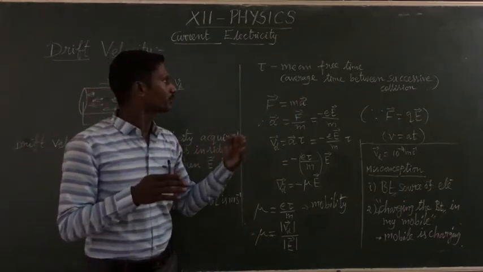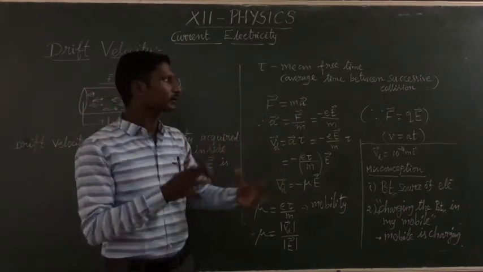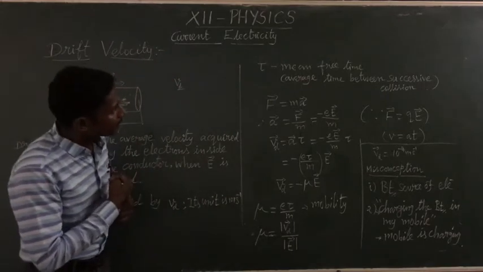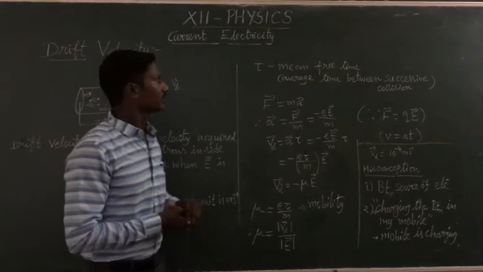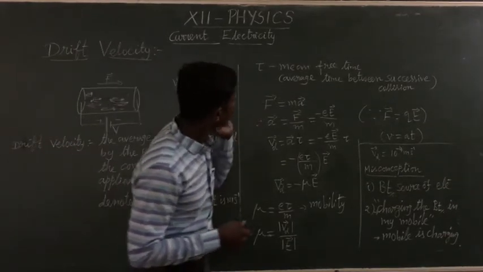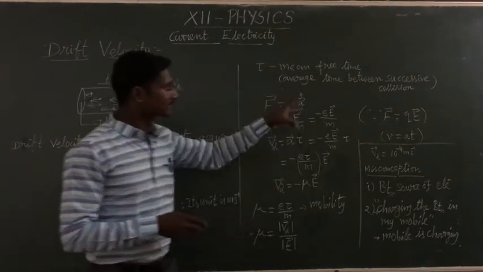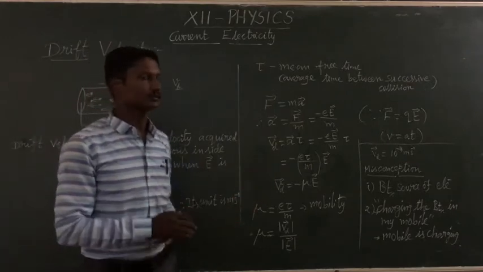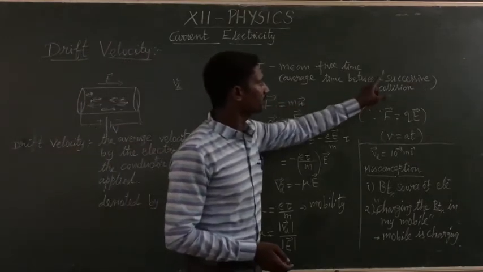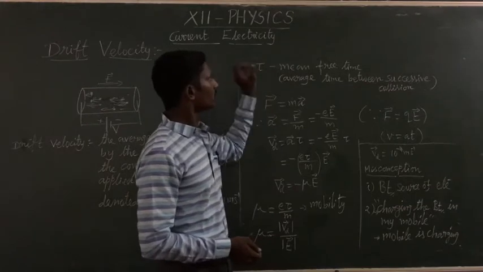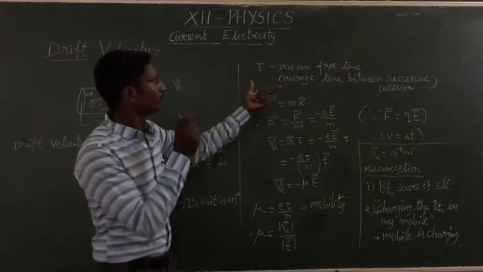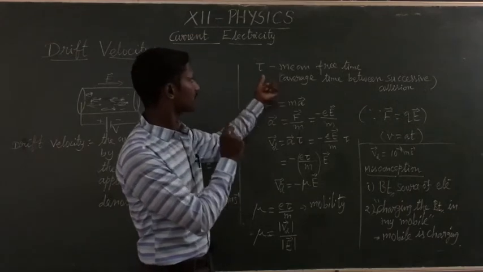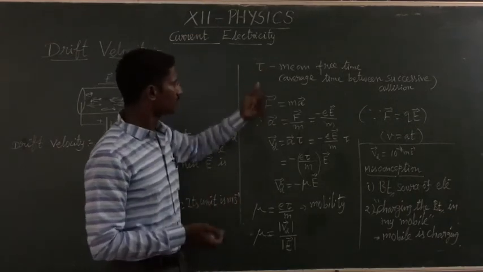Successive collision means one collision to the next collision. Often they ask it as consecutive collision. Okay. So the average time between successive collisions, that is tau, is known as mean free time. Mean free time is a physical quantity tau. Its unit is second. Okay.